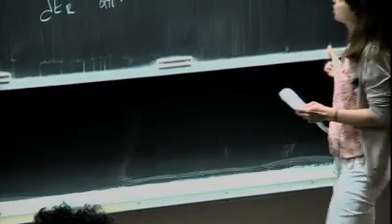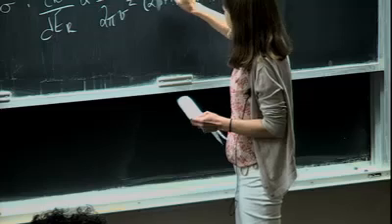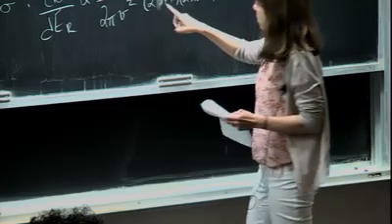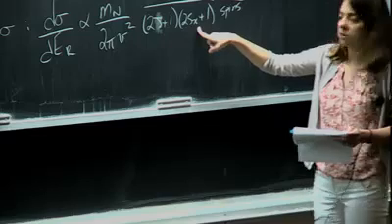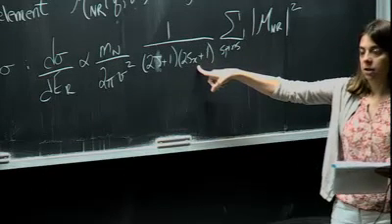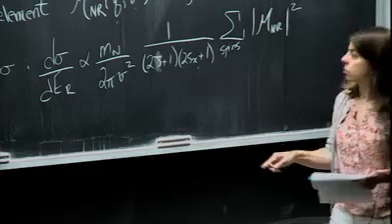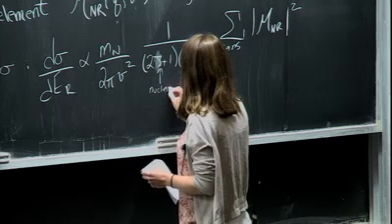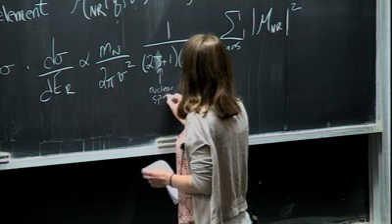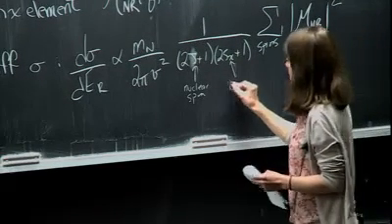Oh, yeah, sorry, good point. This is just the spin average. So this is the number of spin states for the nucleus and the number of spin states for the dark matter. So J is the nuclear spin, and S with the subscript chi is the dark matter spin.